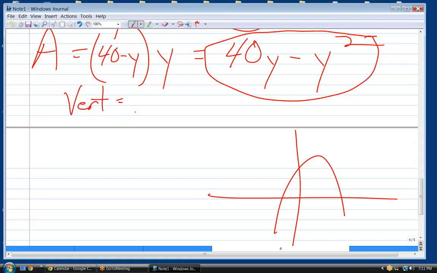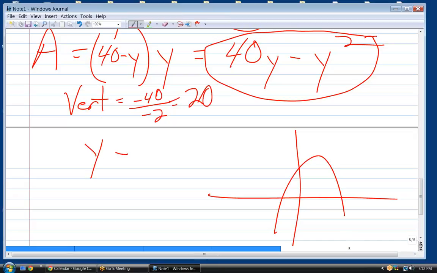20. So it's minus 40 over minus 2, 20, yes. So we figured for y. So y is equal to 20, which makes x equal to? 20.